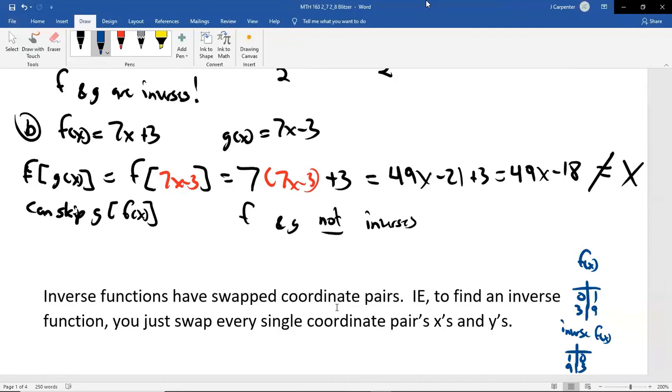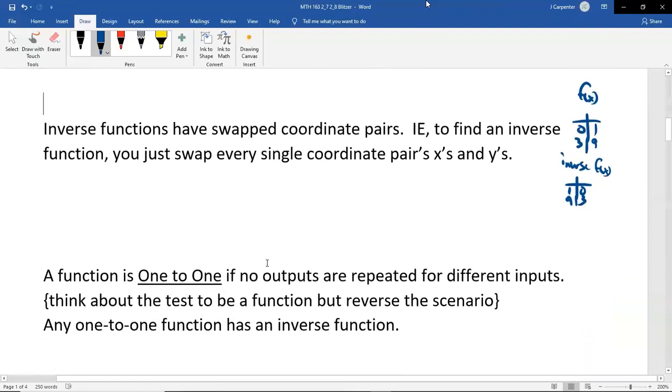So you could have something that's originally a function, it passes the vertical line test, but when you swap all the coordinate pairs to identify its inverse, that thing may not pass the vertical line test. And if it doesn't, then while the original function was a function, the inverse wouldn't be a function. So you couldn't say it has an inverse function. So that's what this is relating to.